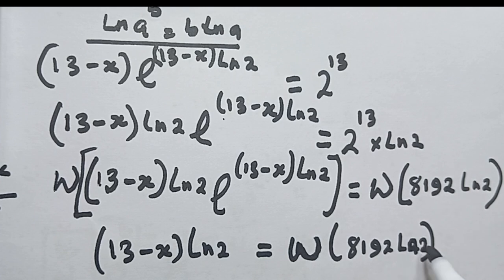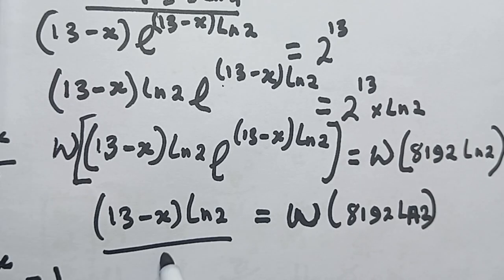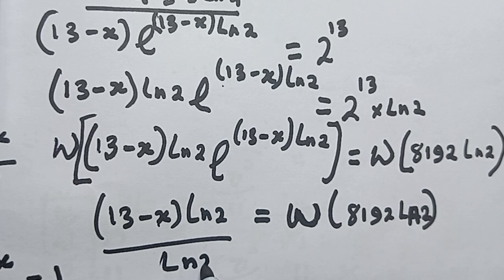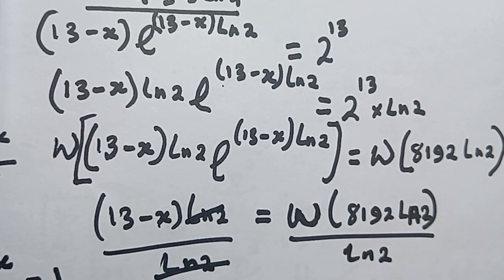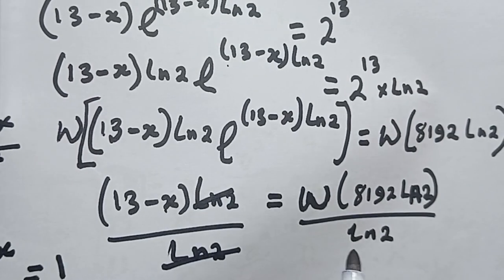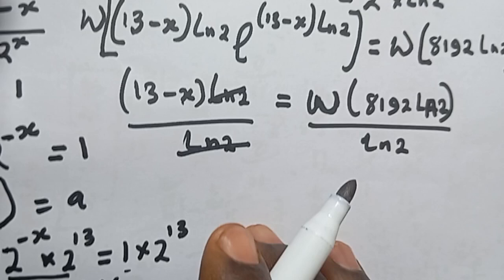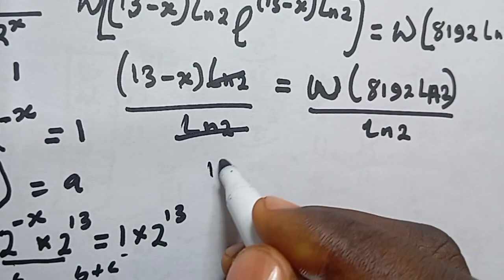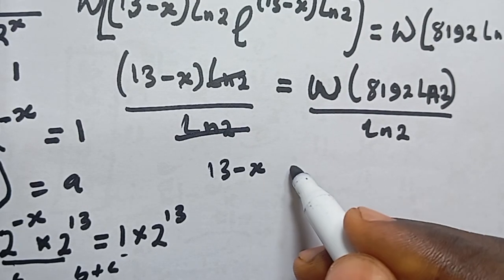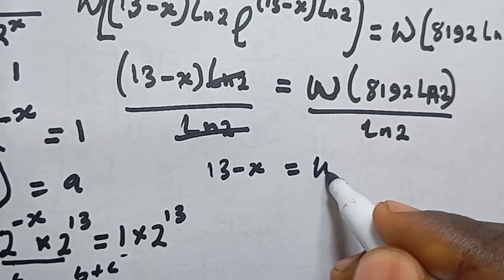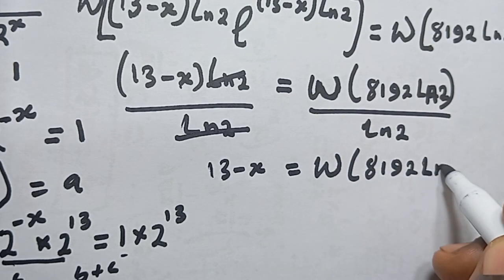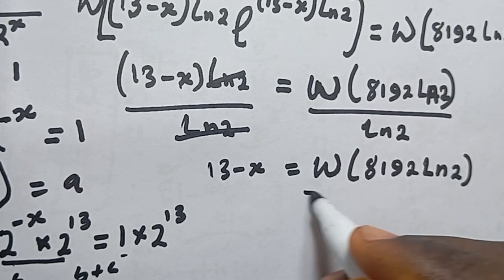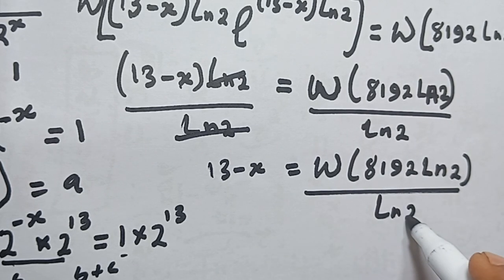Natural log of 2, this is natural log of 2. Divide through by this natural log of 2 so that I can make this x the coefficient. So this is divided by the natural log of 2. When this cancels this, what I'm going to have is 13 minus x is equal to the Lambert W function of 8192 multiplied by the natural log of 2, all divided by the natural log of 2.